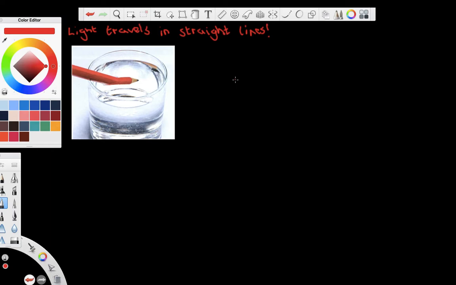Now, the light that is allowing us to see this pencil is travelling from the air into the water, out of the water, and back into our eyes.